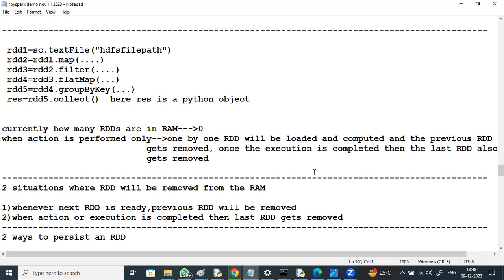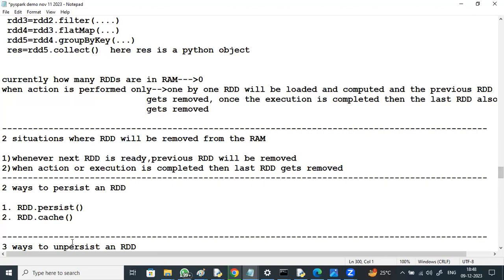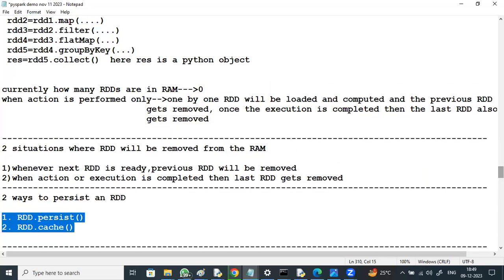There are 2 ways to persist an RDD: rdd.persist and rdd.cache. With persist, you choose where to persist: in memory (RAM), on disk, or memory or disk, meaning if memory is available then in memory, otherwise on disk. These are the 3 options. cache doesn't support all 3, only memory only. So whenever you persist an RDD, that RDD will be available in the RAM.